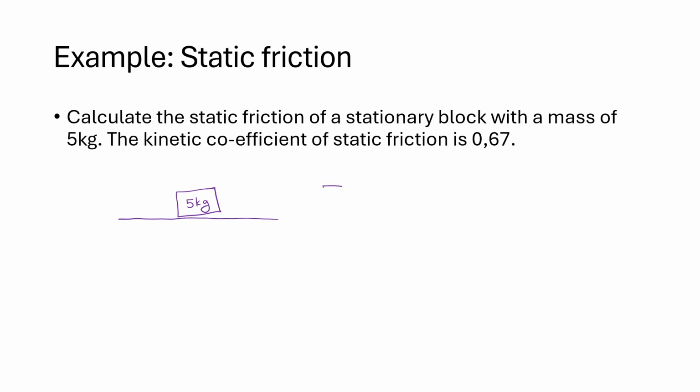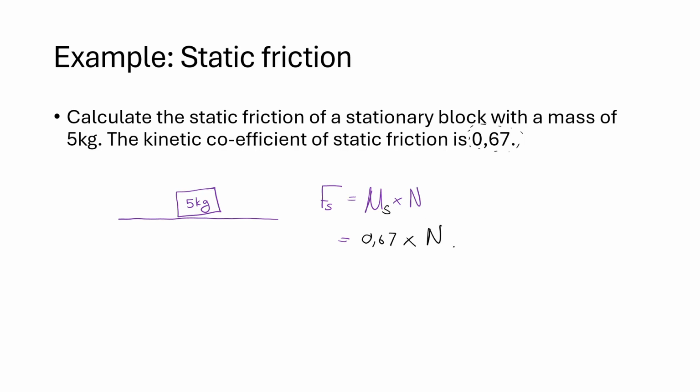What is the formula? Static friction is equal to mu k multiplied by the normal force. Well, what is mu k? Excuse me, apologies. I'm saying mu k where it is actually mu s. So please don't make that mistake, guys. You get marks for the formula. So mu s multiplied by the normal. What is mu s? In this case, they tell us that it is 0.67. So we substitute 0.67, and we now have to multiply it by the normal force.